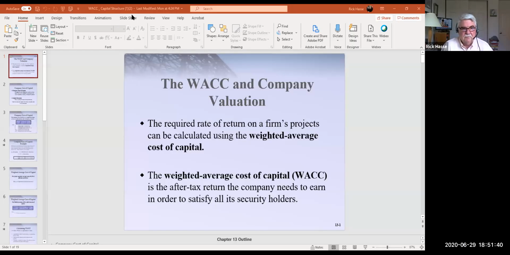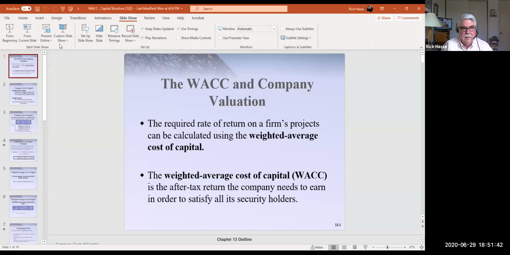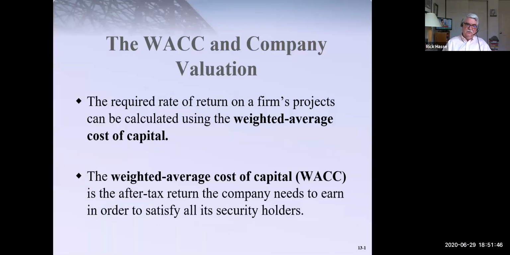Well, now that we've done some financial numbers, let's take a look at the theme and the definitions of Chapter 9. Weighted average cost of capital and, as I just said, company valuation. The cost of your money is going to determine the value of your company.